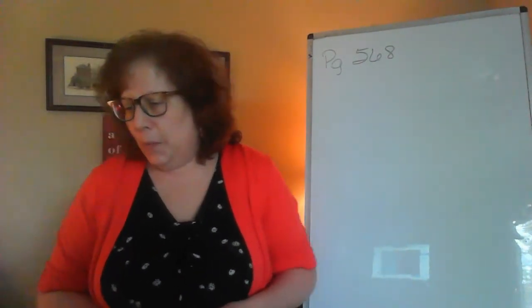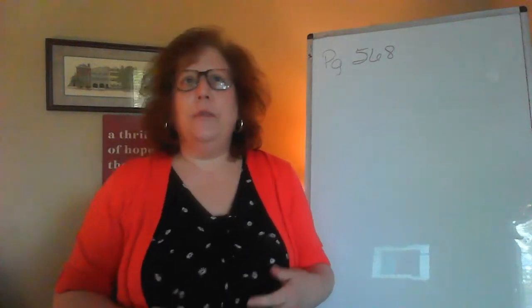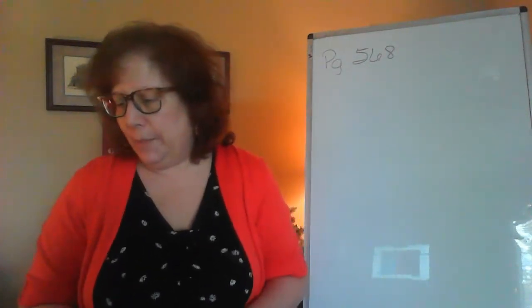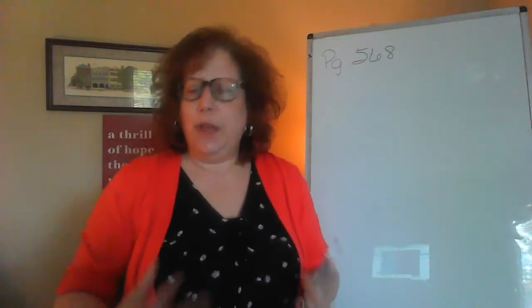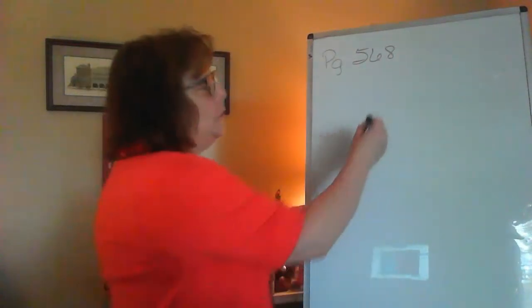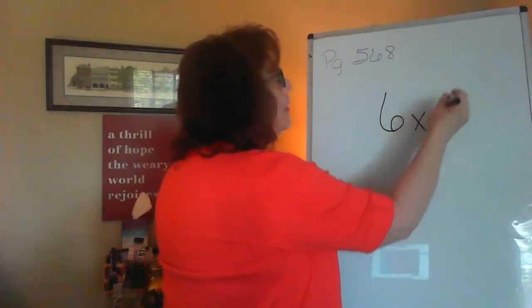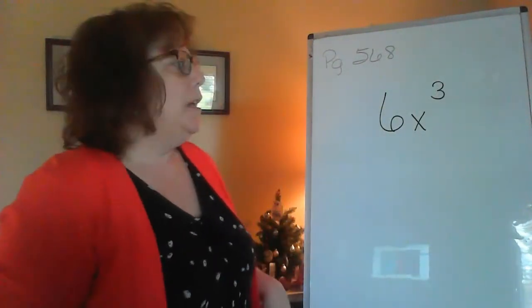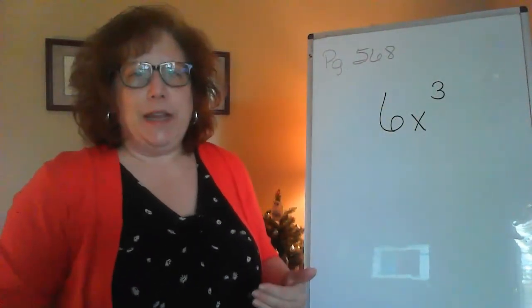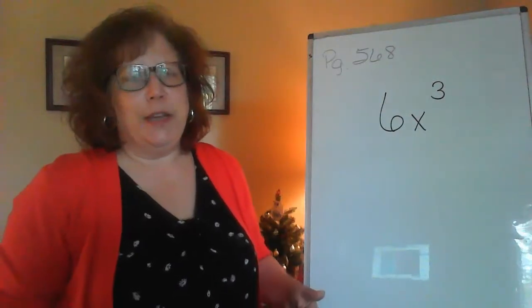I want to point out the very first thing, if you're looking at example number 1, it talks about the degree of a monomial. A monomial is just a little guy sitting here all by his lonesome, just one of them. And he has a degree, not a college degree, but a degree.